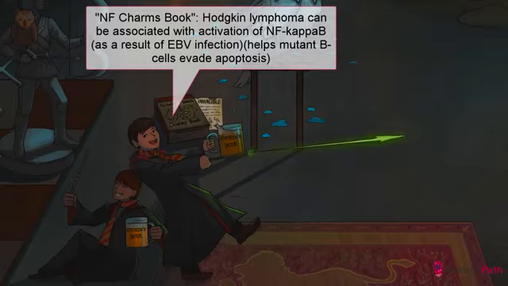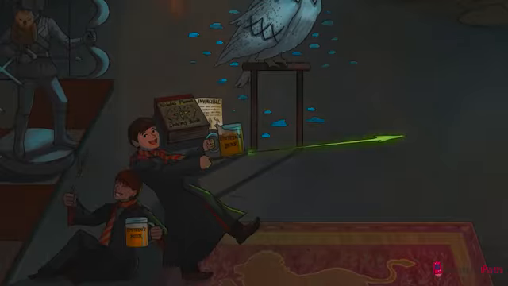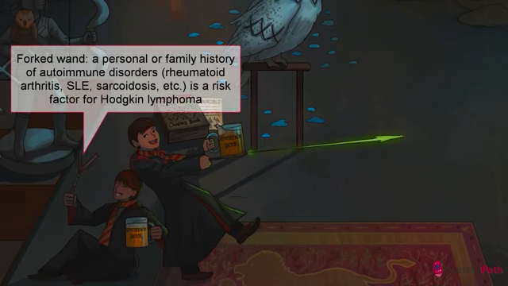And we've emphasized this pathway specifically because constitutive activation of NF-kappa B is one of the possible methods that mutant B cells evade apoptosis. Think of it as a Reed-Sternberg invincibility spell. Both a personal and family history of autoimmune disorders such as rheumatoid arthritis, systemic lupus erythematosus, and sarcoidosis have been shown to increase the risk of developing Hodgkin lymphoma, though the reasons why are unclear.